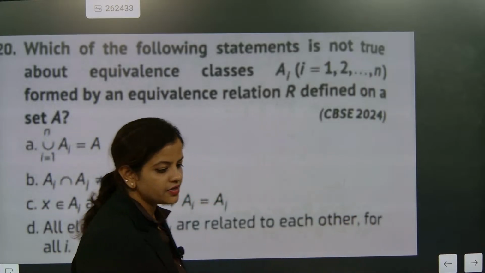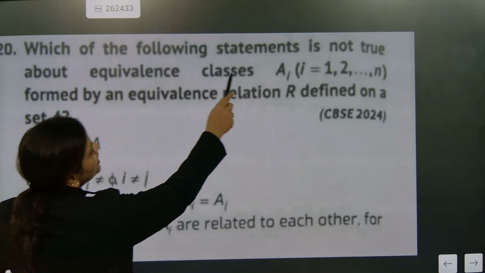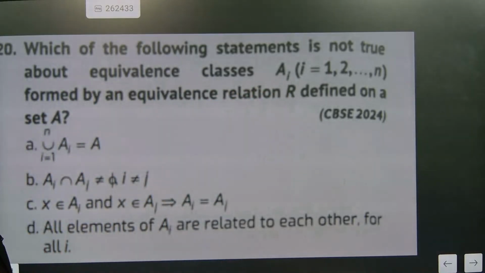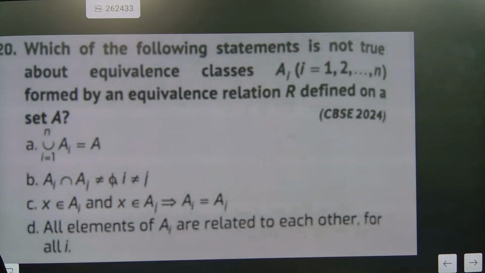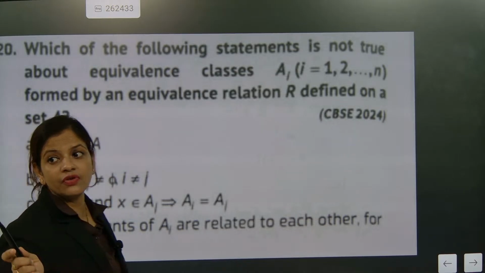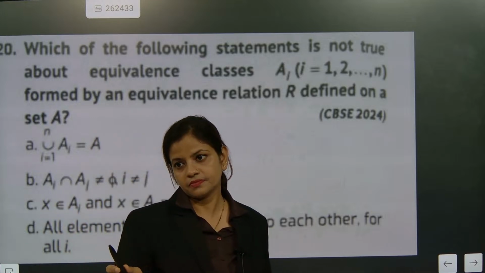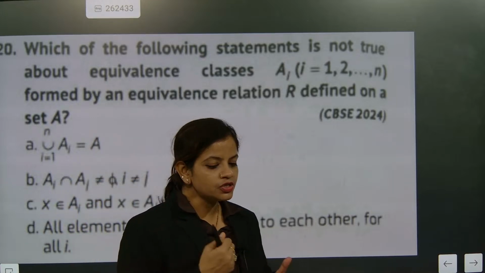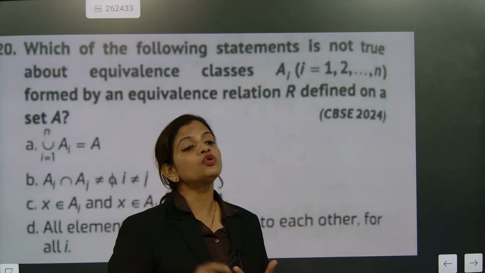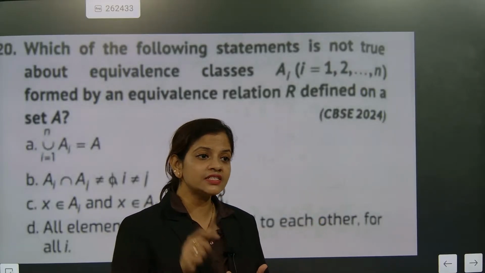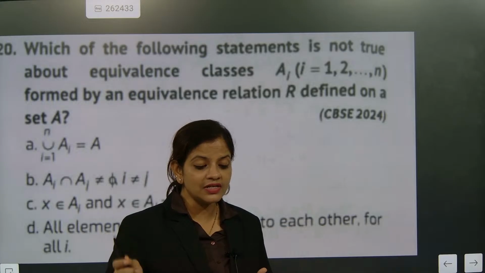Understood? Now, look here, check this one out. Which of the following statements is not true? It is not true about equivalence classes. They are not asking about equivalence relation. Not true means it should be false. And about whom are they asking? Equivalence class, not equivalence relation.